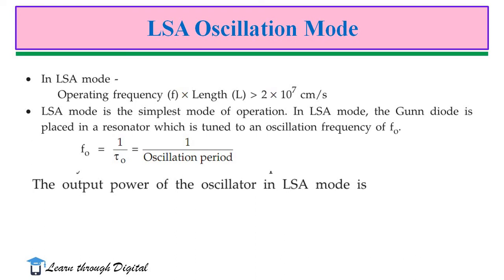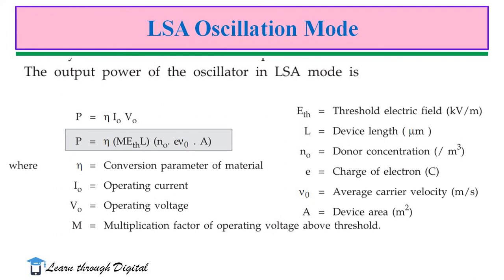The LSA mode yields high power and high efficiency, that is about 20%. So therefore, the output power of the oscillator in LSA mode is P equal to eta I naught V naught. Eta is the conversion parameter of the material, I naught is the operating current, V naught is the operating voltage.